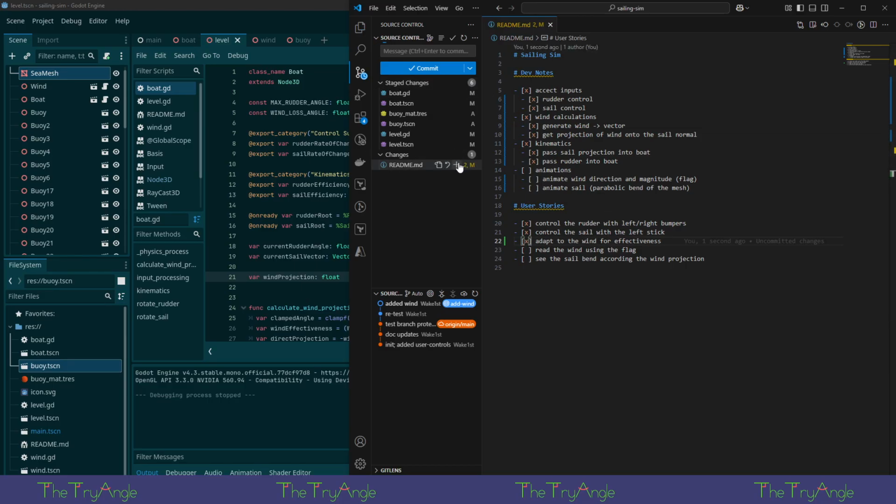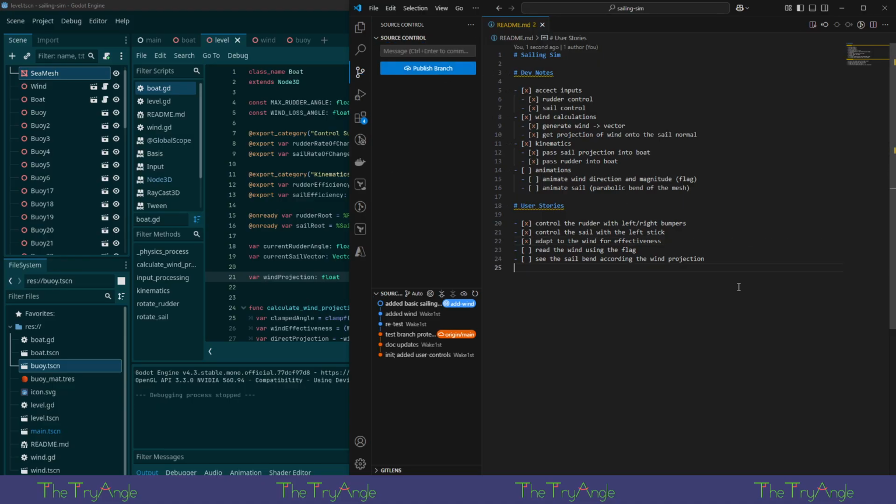Here we go. Do a little changes. Let's see here. Added basic sailing. It does feel really rough.